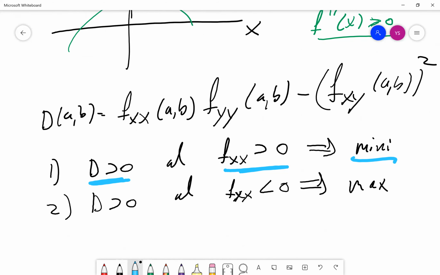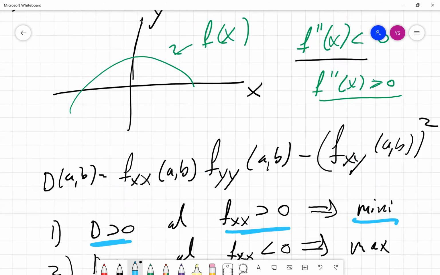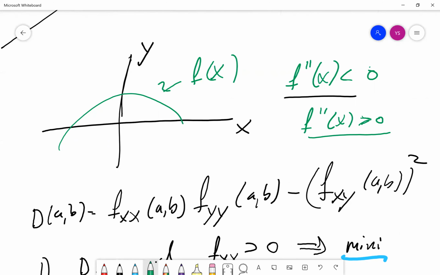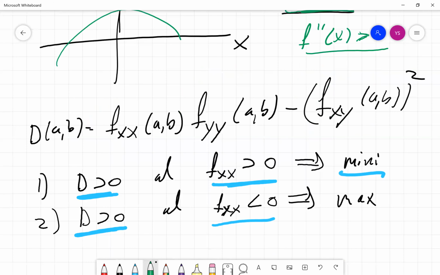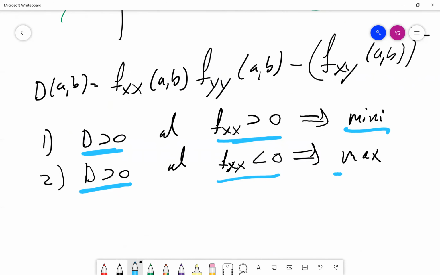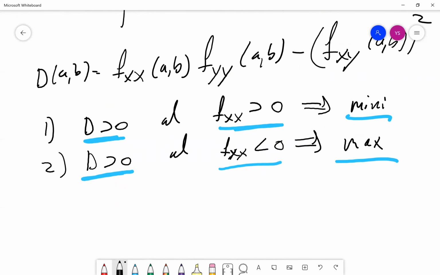And again, first point is this is bigger than 0. So you're either a minimum or you're a maximum. Second point is if this is less than 0, you are concave down, so you are a maximum. Okay, case 3, D is less than 0, implies you're a saddle point.